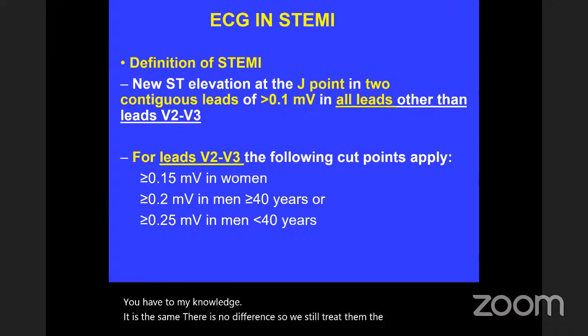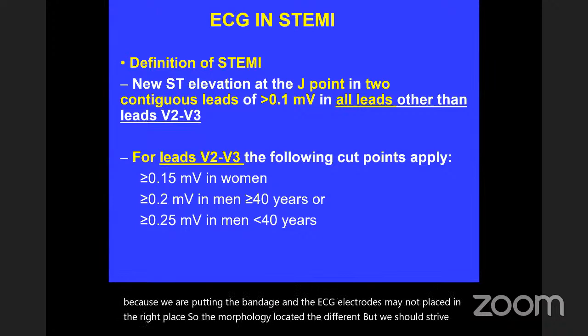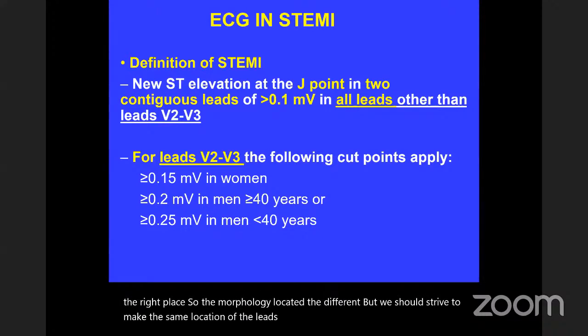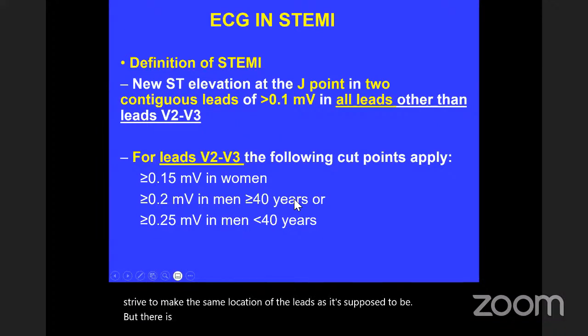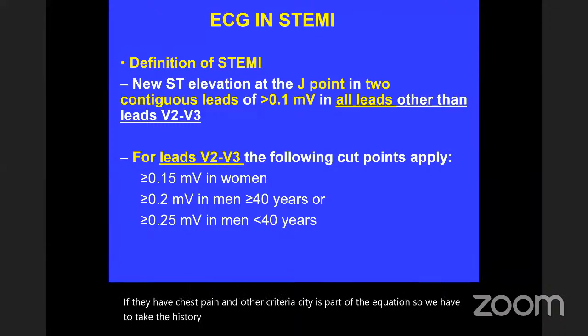Sometimes, because we are putting on the bandage, the ECG electrodes may not be placed in the right place, so the morphology may look a little different, but we should strive to place the leads in the same location as supposed. So ST elevation in those patients means new infarction for them? If they have chest pain and other criteria, the ECG is part of the equation. We have to take the history and the ECG, and sometimes if there is no ST segment elevation, like depression and T-wave changes, we look also for cardiac enzymes.